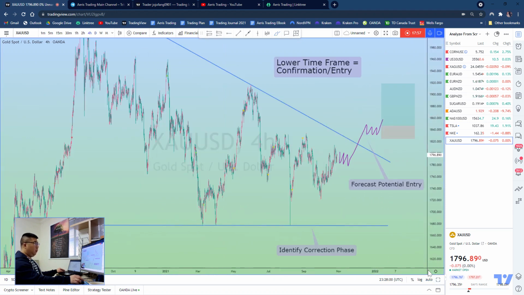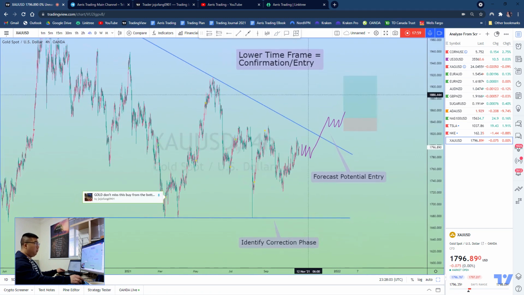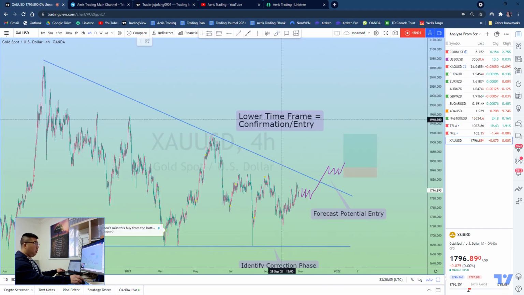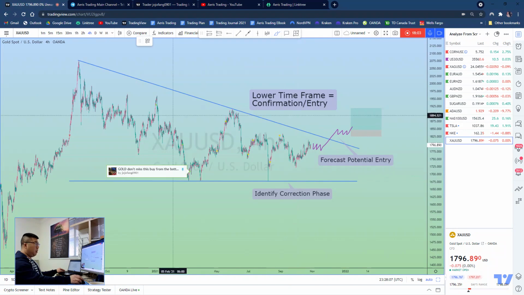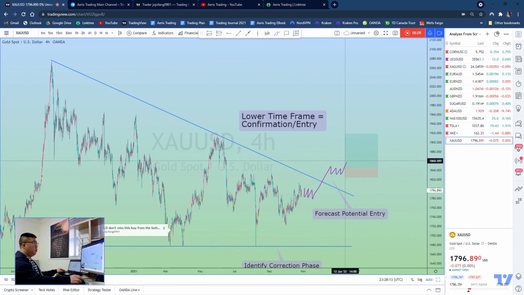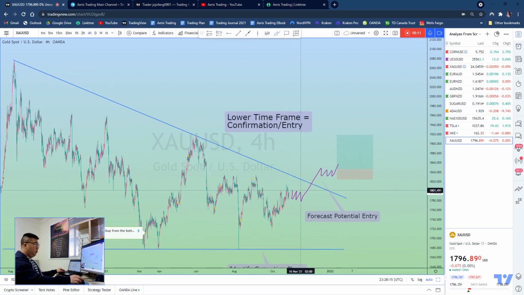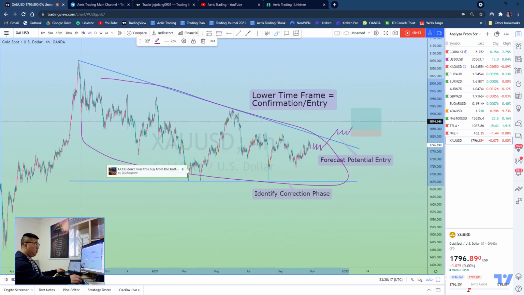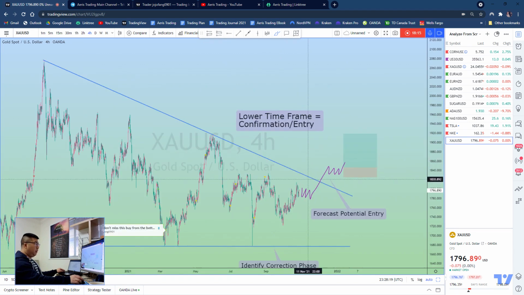Now that you're on the lower time frame, what do you do? The lower time frame is for confirmation and entry. You're looking at the price here, and you have the same higher time frame correction that you identified on the higher time frame chart. Now you're forecasting the potential opportunity on the lower time frame. You look at this larger correction and tell yourself that anything happening in between is not likely to be a higher probability setup.